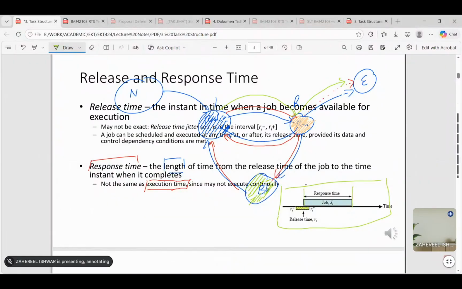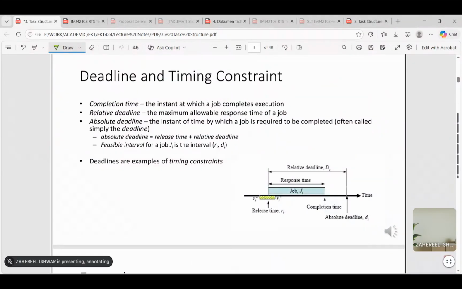Okay. But what is meant by response time in actual is, of course, all in until it finishes. From the point it gets selected to use the CPU until it runs to completion. Ada soalan? Tak ada.